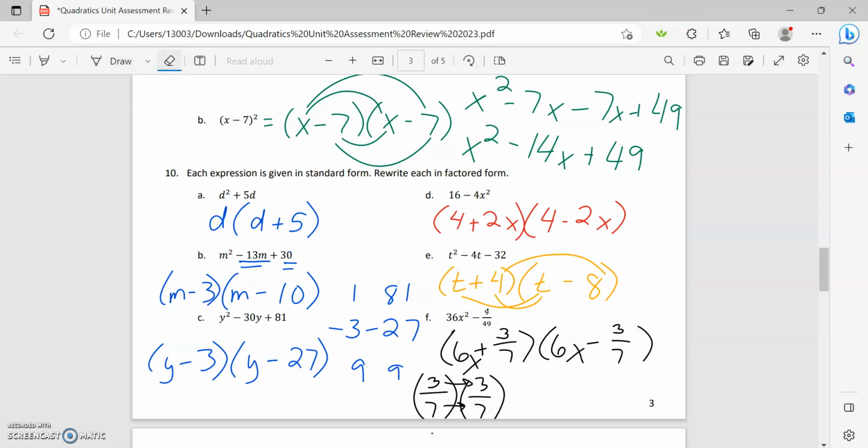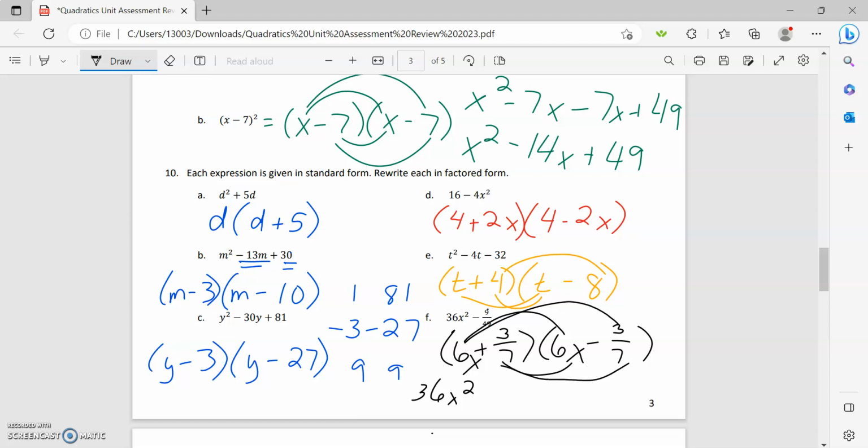When I do that, if I FOIL this out, I get 6x times 6x, that's 36x squared. Now I'm going to take 6x times 3/7. Not sure what that is, but it doesn't matter, because 6x times negative 3/7 plus 6x times 3/7 in the positive, they cancel each other out.